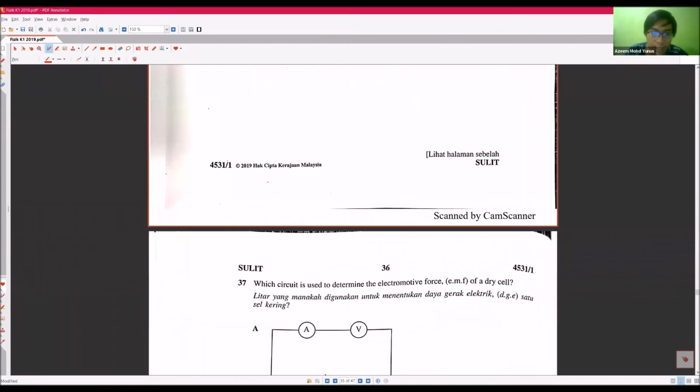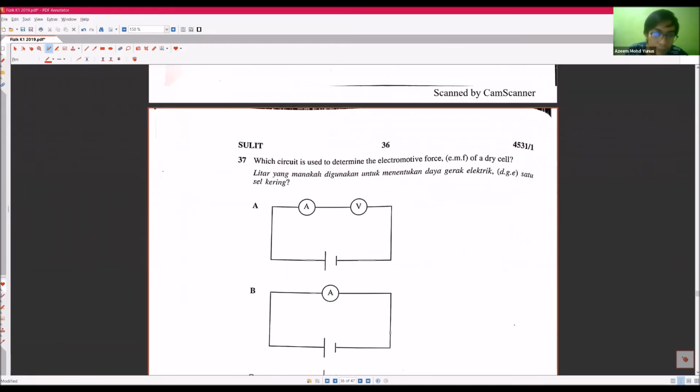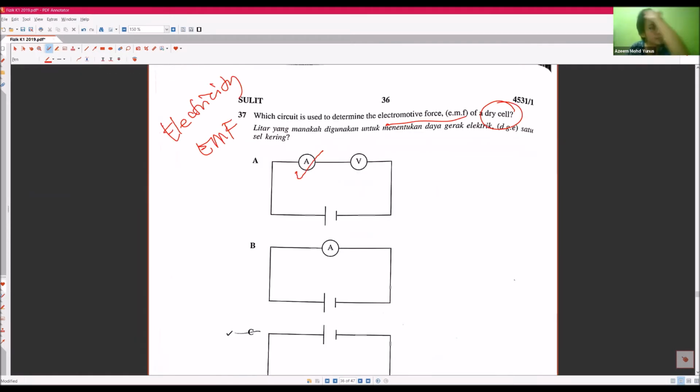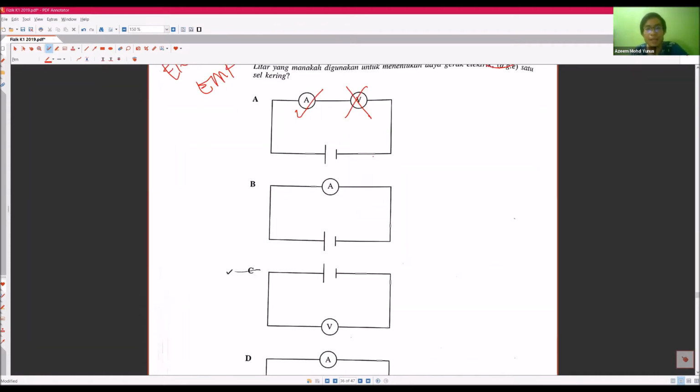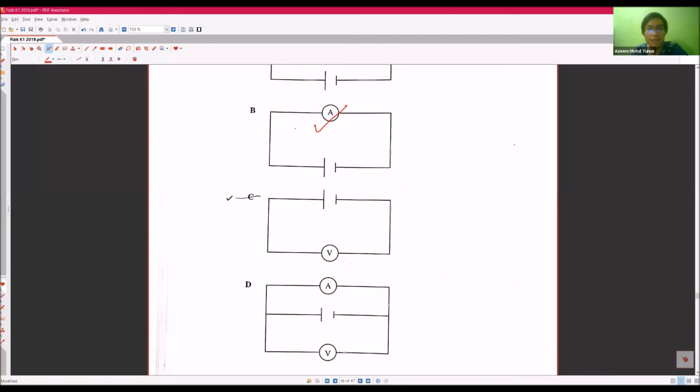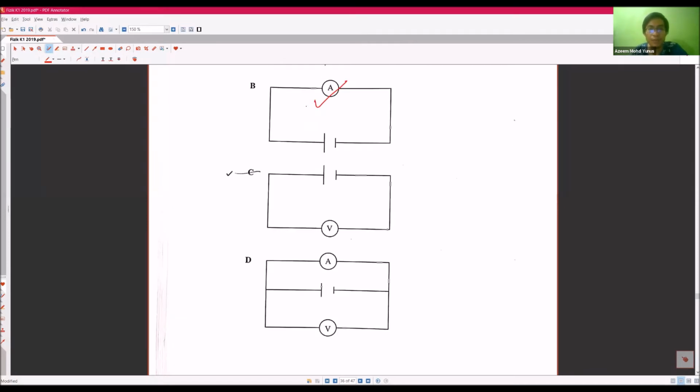Okay, number 37, EMF. Which circuit is used to determine the EMF of a dry cell? So the answer is correct but the voltmeter must be parallel to the dry cell. This is correct. But we have this one, correct.